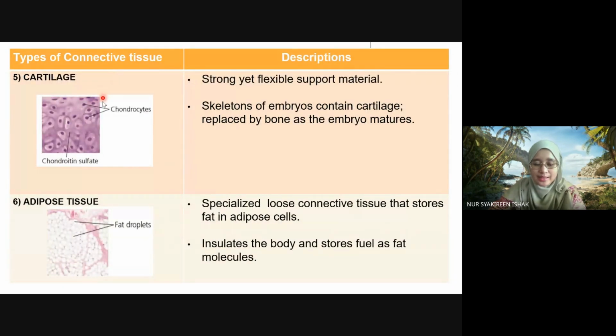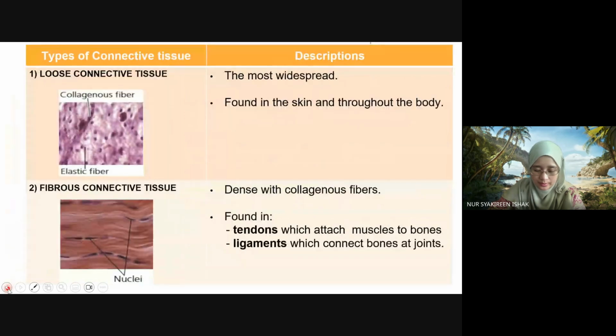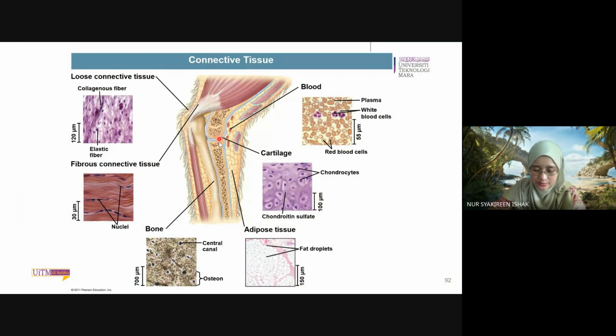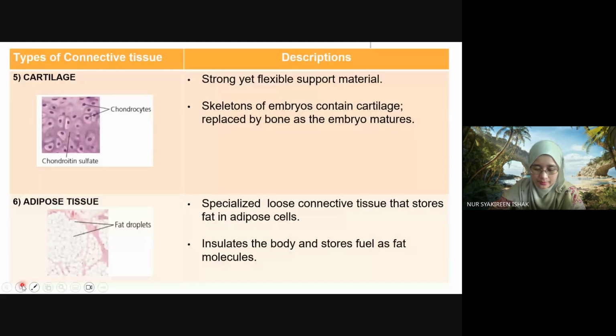And then we have cartilage. So cartilage in the picture is here. Strong yet flexible support material. Skeletons of embryos contain cartilage replaced by bone as the embryo matures.